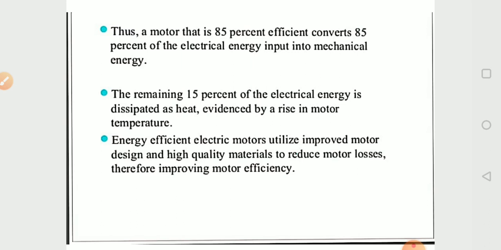We can save energy in transportation by increasing the fuel efficiency and making vehicles from lighter and stronger material.